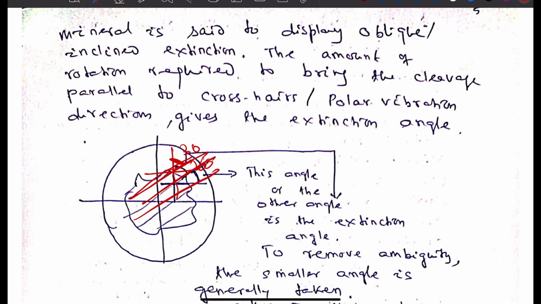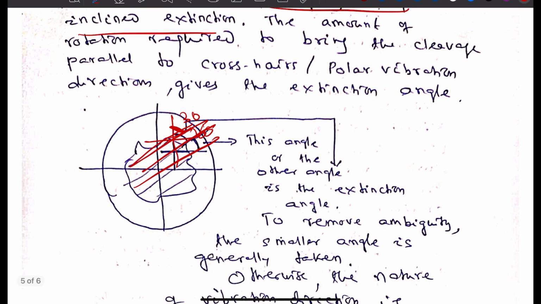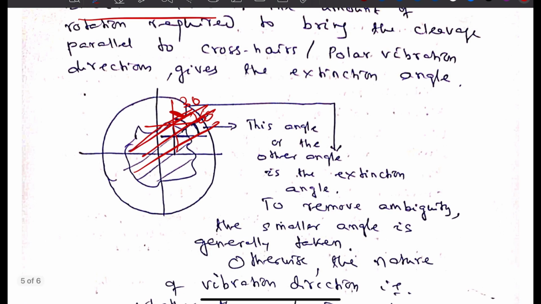So here, when the vibration direction of the mineral section does not match with the crystallographic directions indicated by cleavages or straight boundaries or direction of elongation, in that case the mineral is said to display the phenomenon of oblique extinction or inclined extinction. In that case, the angle is measured.